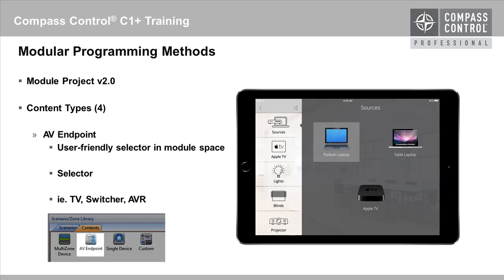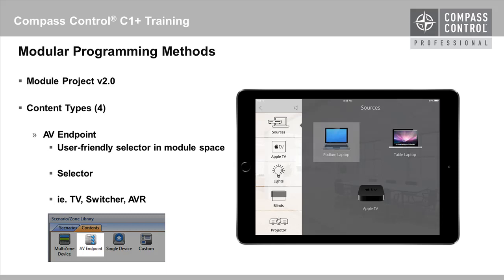Next, we have an AV endpoint, where instead of seeing multiple outputs all itemized in that module space, we just have a user-friendly selector where we have our various sources for a specified output. It could be an output of a matrix. It could be the television display itself, which is a switcher.